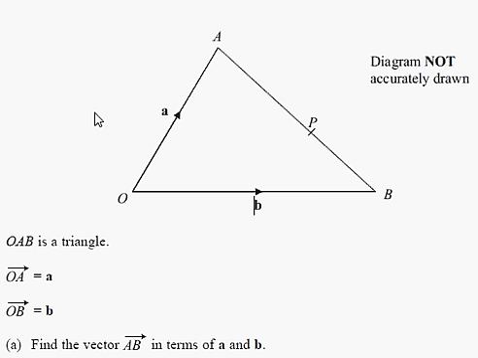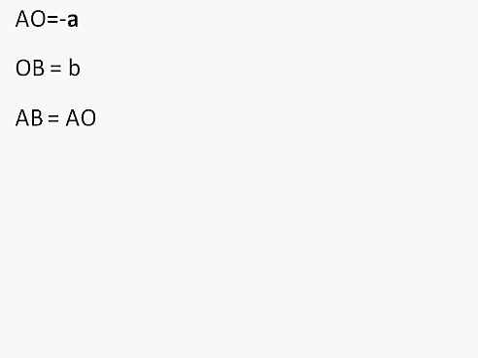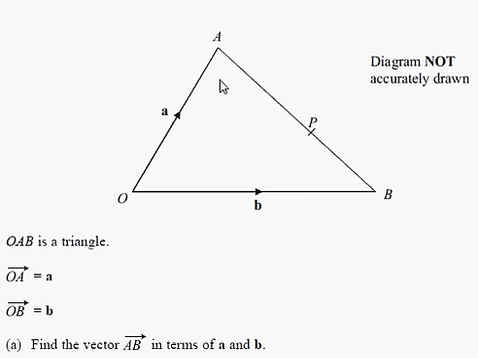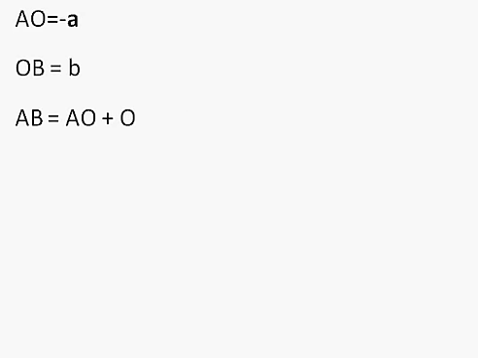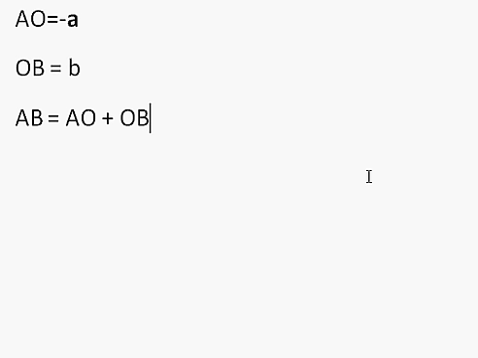We write down the vector AB with an arrow over it. The vector AB equals the vector AO plus the vector OB, because that will take us from A to B the other way. Instead of going directly there, we go by traveling along the other two sides.